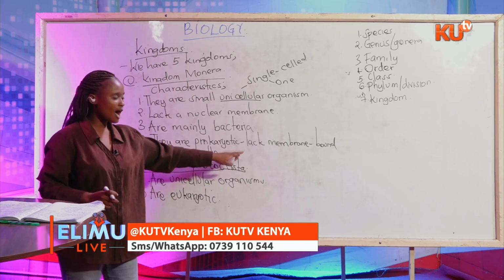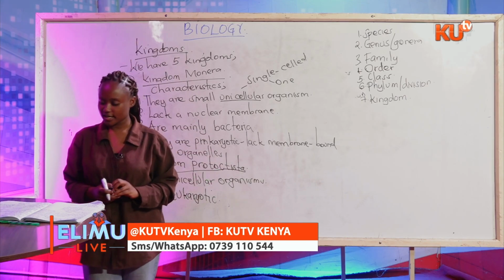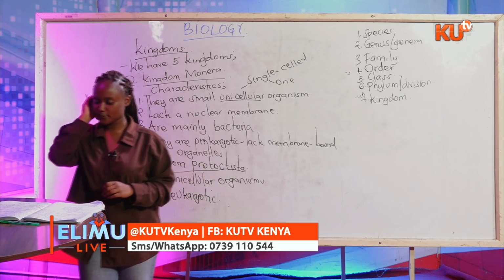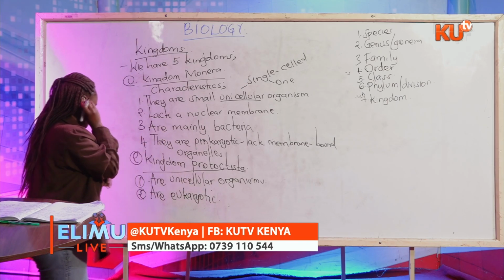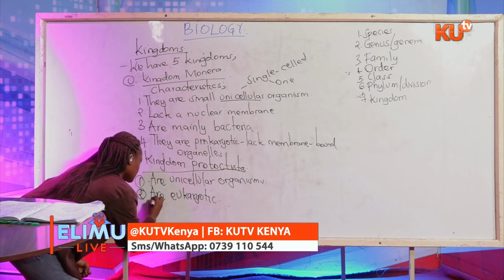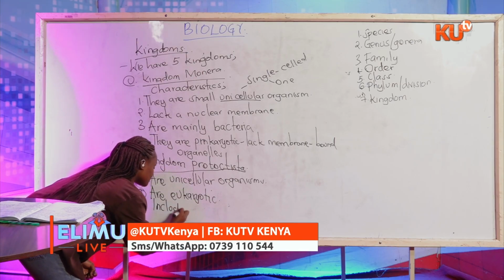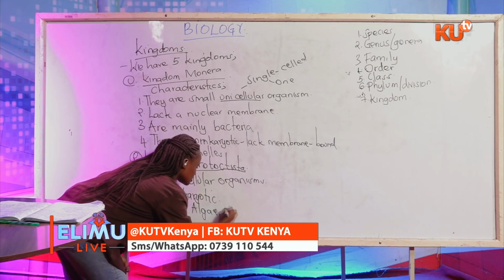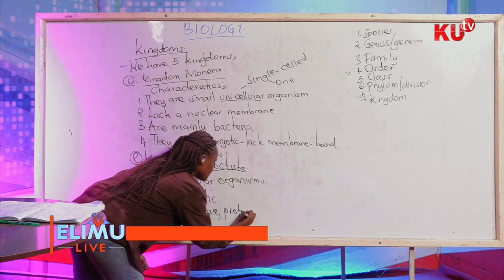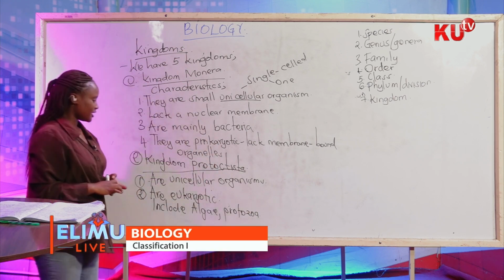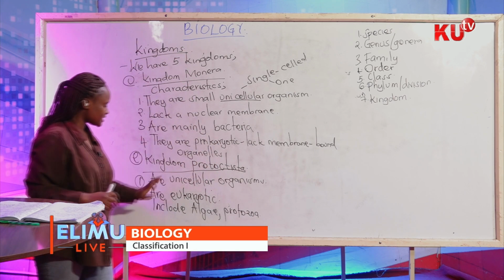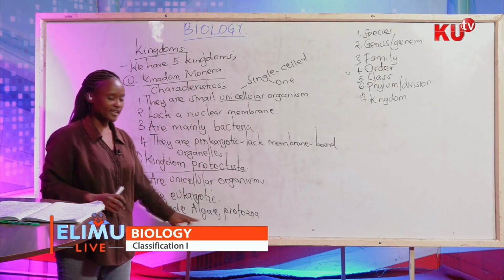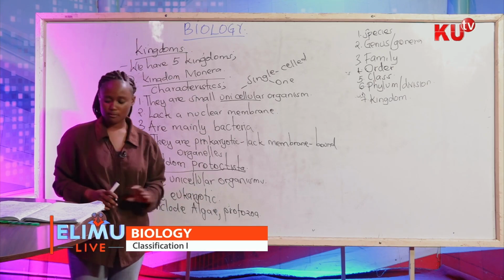And they include algae and protozoa. We have kingdom Protoctista: unicellular organisms, eukaryotic, and they include algae and protozoa.